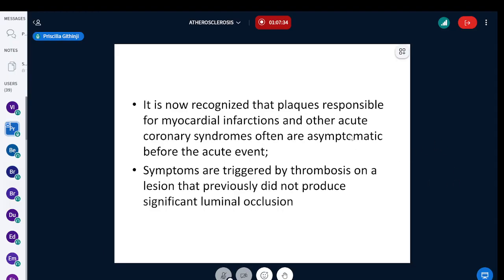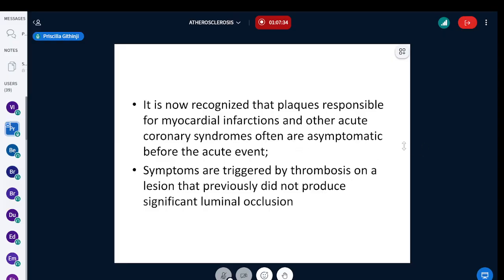They're the same. You can go and read also in Robbins. So ischemic heart disease by itself is a broad term that describes myocardial ischemia that results from an imbalance between cardiac blood supply and myocardial oxygen and nutritional requirements.